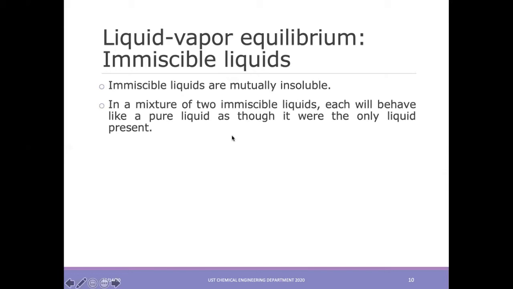As I've mentioned, this is because of the absence of favorable interactions between the molecules of the two liquids. Therefore, addition of one liquid to another will not modify the properties of either liquid. Since A and B do not interact, Raoult's law cannot be considered anymore.